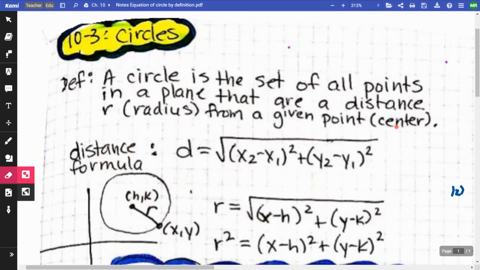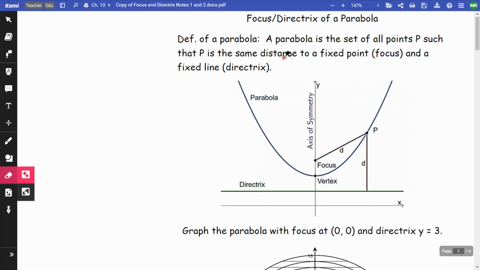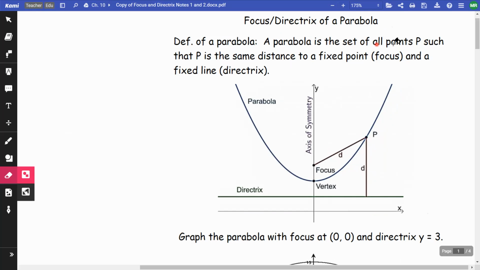Okay, so now the definition of a parabola. A parabola is a set of all points P such that P, that point, is the same distance to a fixed point called our focus and a fixed line called the directrix.